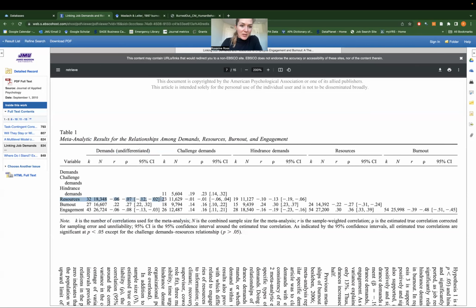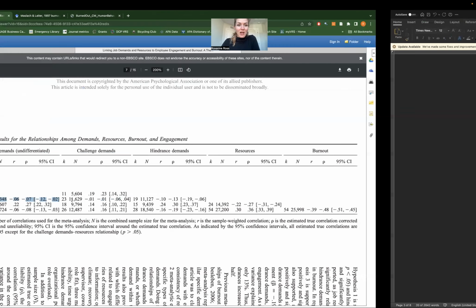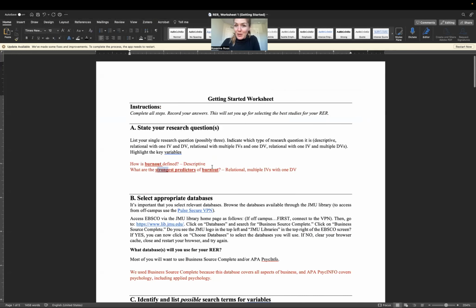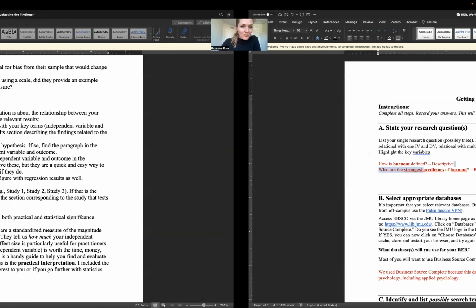That's the information that we're seeing here because in this column, this is all information pertaining to demands. And then we can cross demands over and we see, okay, these are the relationships between demands and resources. That's kind of interesting, but it's not related to our research question. So don't worry about the relationships between variables that are not related to your research question. We want to know what's predicting burnout and burnout alone.